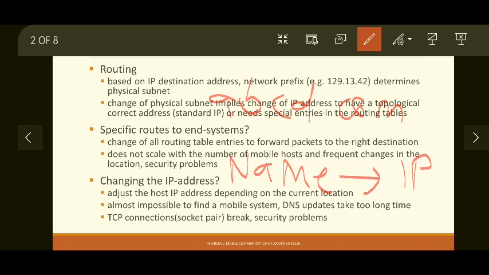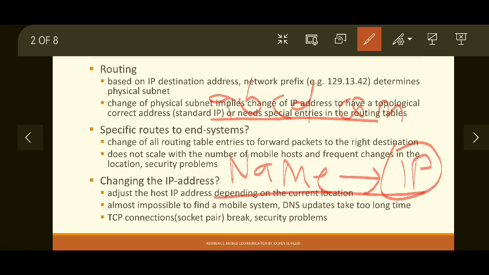An IP address is associated with the particular name, so that sender does not have to worry about the IP address of the particular abcd.com, and it can use abcd.com as a destination address. But changing the subnet means changing this binding of name to IP addresses, that is DNS update. Okay, because when you change the subnet, this IP address will change. That means whatever IP address which was mapped to that particular abcd.com, that will have to be also changed.